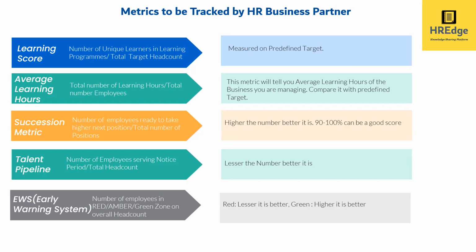Then you can monitor these metrics. Average learning hours is the total number of learning hours divided by the total number of employees. Say, for example, the total learning hours spent is 600 hours in a particular year, divided by the total number of employees, and you will get the average learning hours per employee. This is also a good metric.